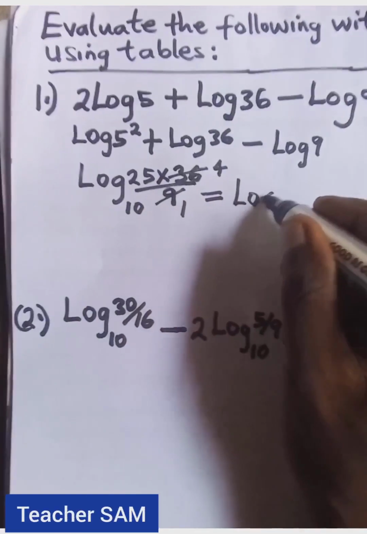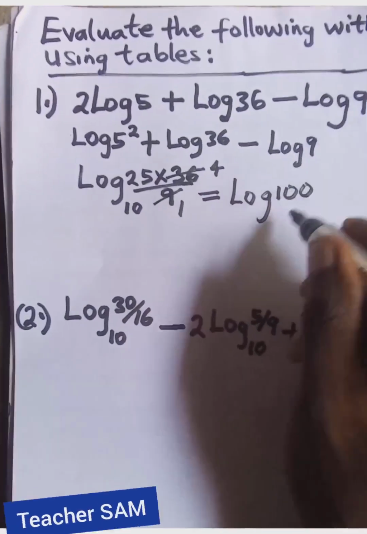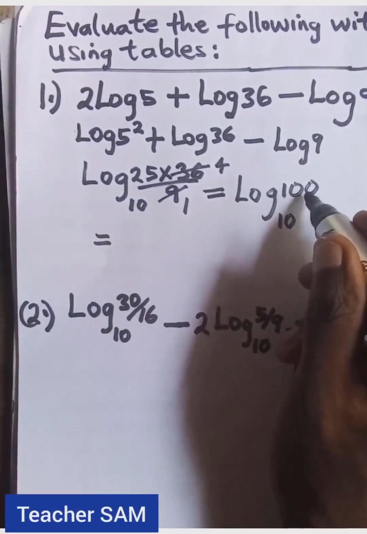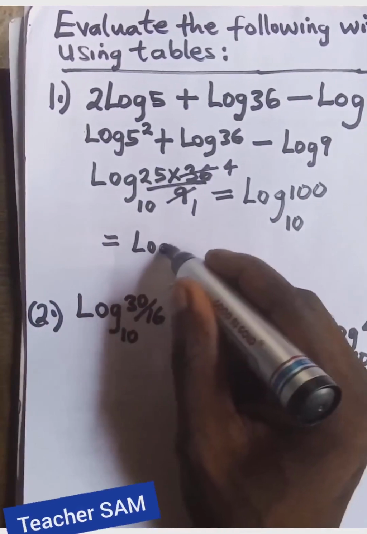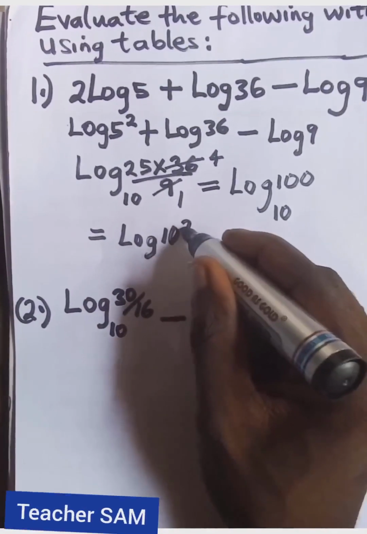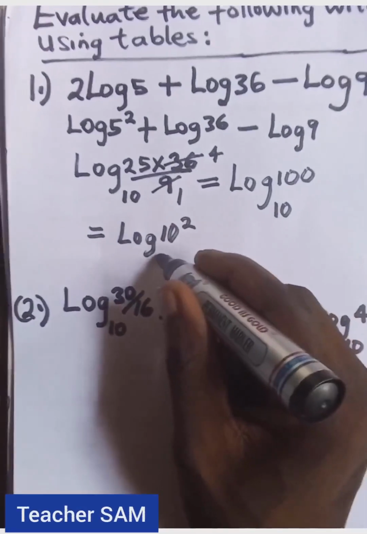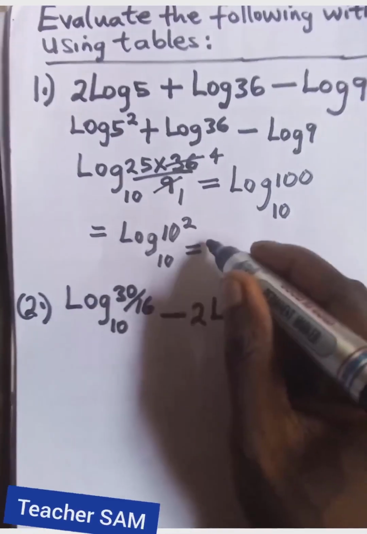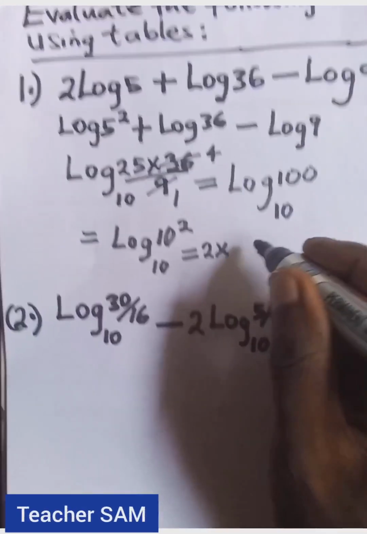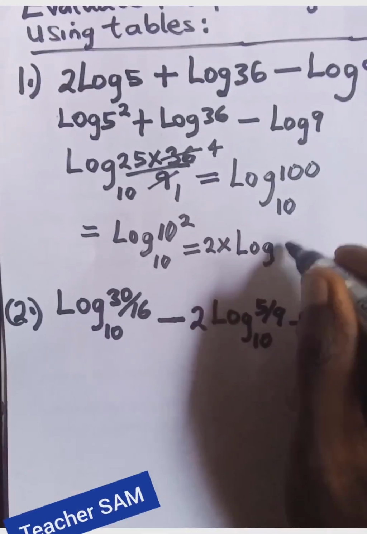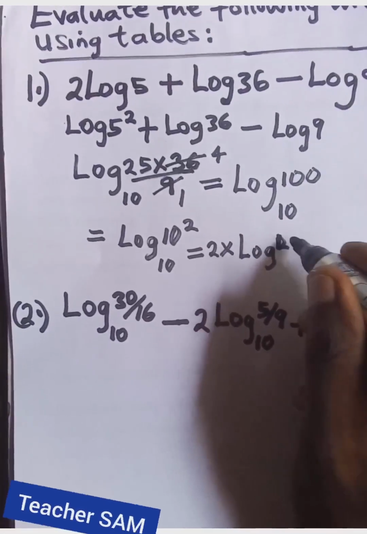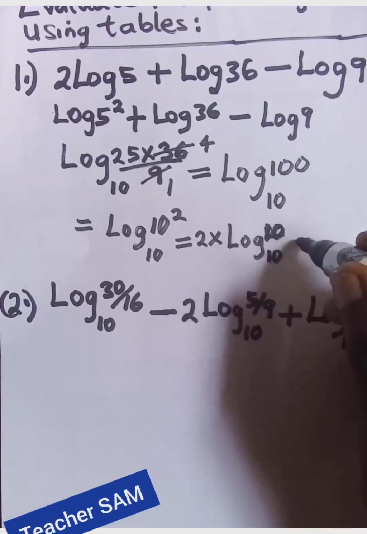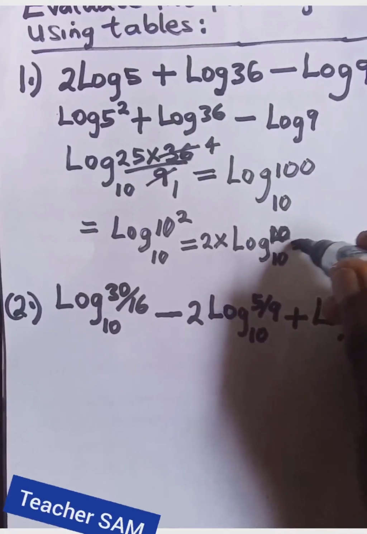So this will now be log 100 to base 10. And we know that 100 is the same as 10 raised to the power 2, to base 10. So you know that 10 raised to the power 2 is 100. Now don't forget, we bring out this. This will now be 2 times log 10 to base 10, and log 10 to base 10 is equal to 1.